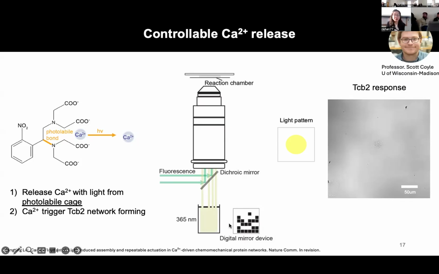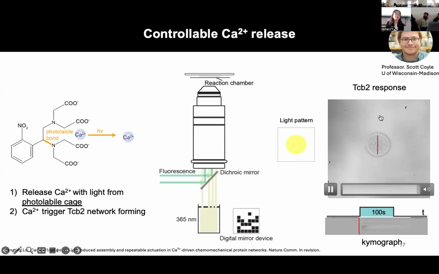You can see it's exactly the same shape as my light projection. If we do a chemograph, drawing from the middle line, we can see that around 100 seconds of light activation, the network starts growing from the middle light-activated part to the outside.